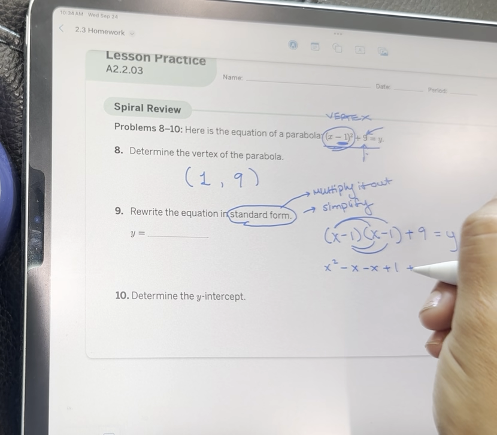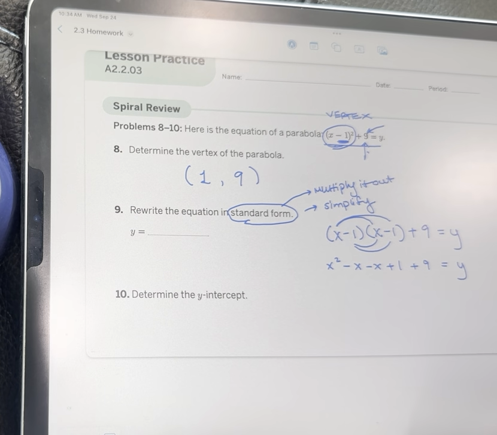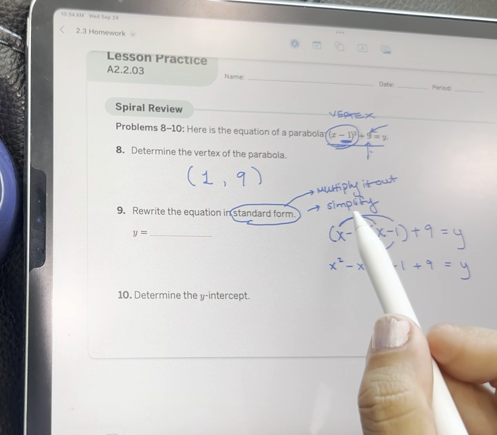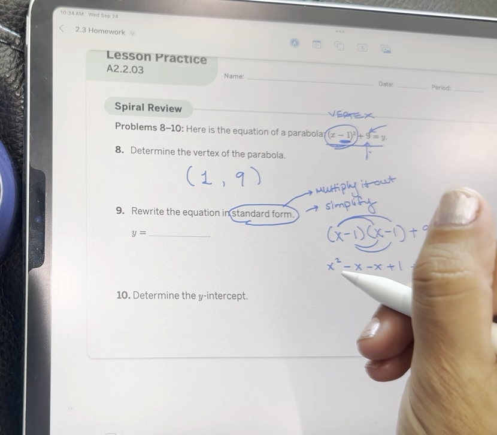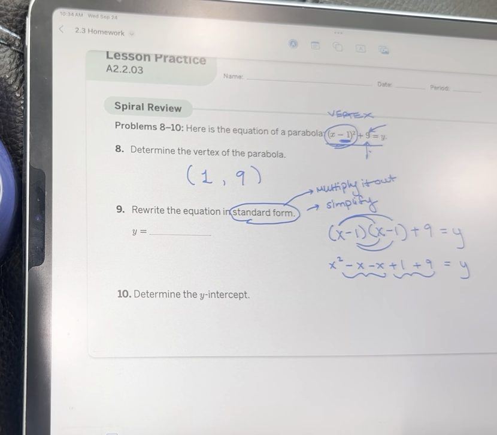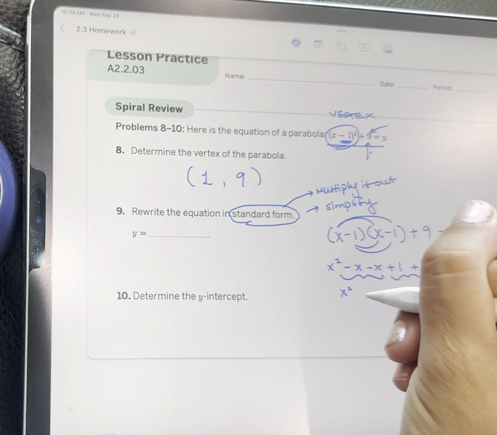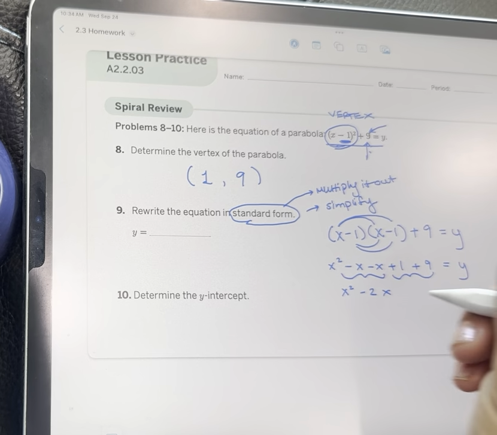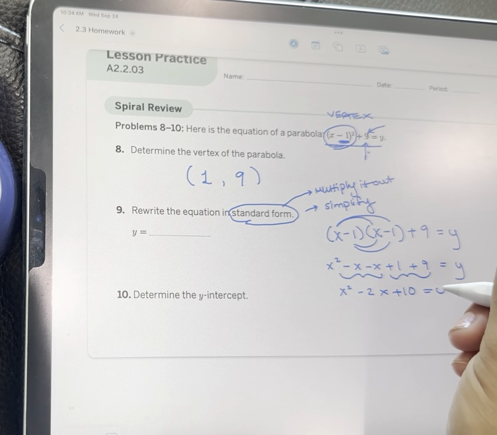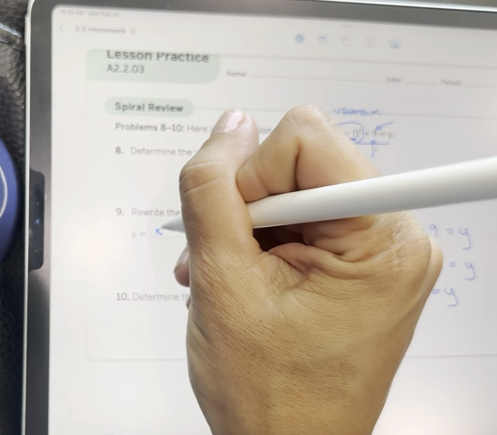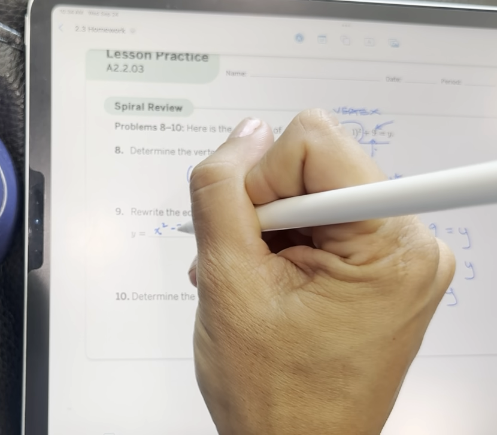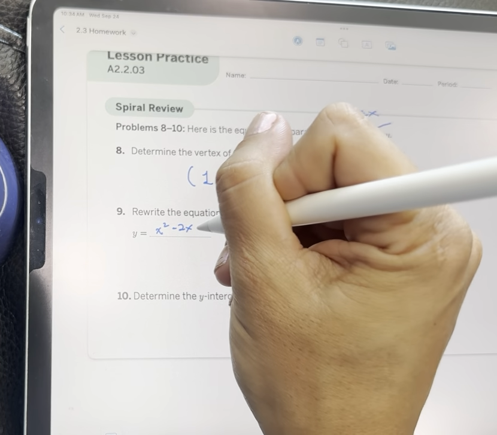Don't forget, we do have a plus 9 at the end, equals y. And now we're at the simplify step. Like terms, x squared minus 2x plus 10 equals y. That's this equation in standard form. X squared minus 2x plus 10.